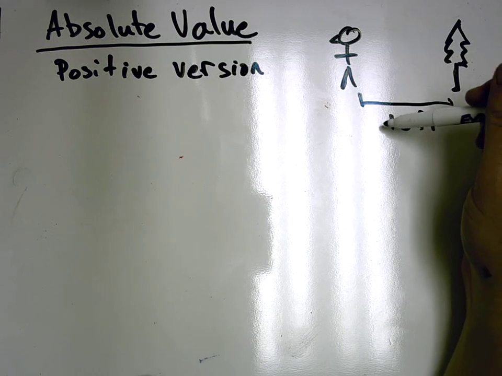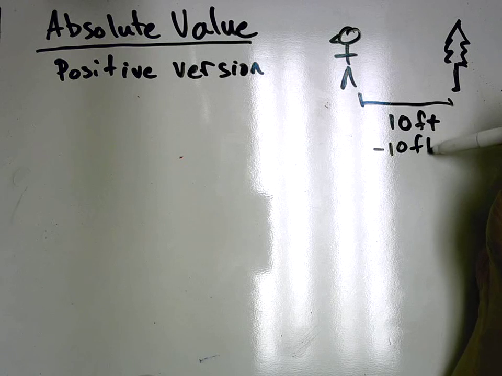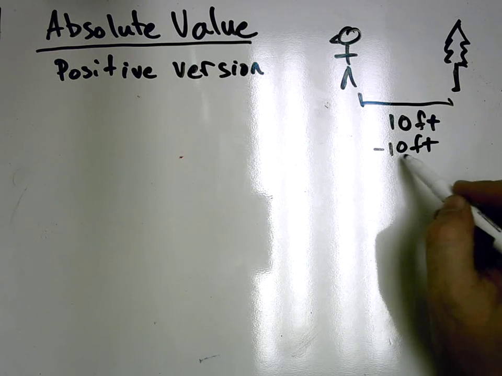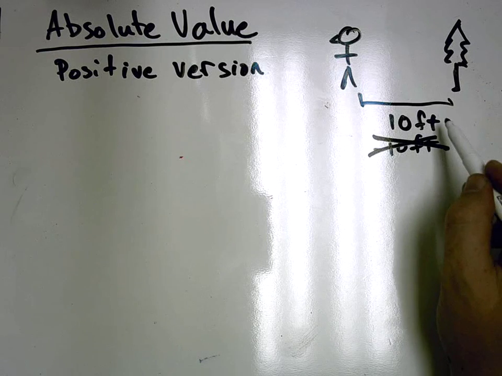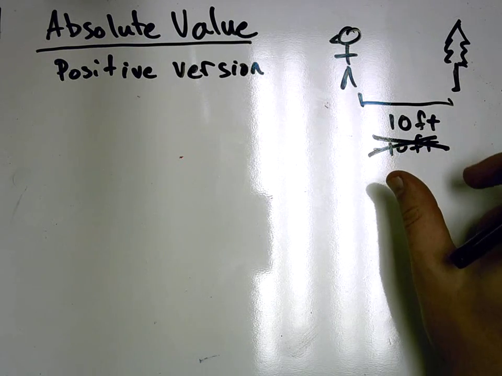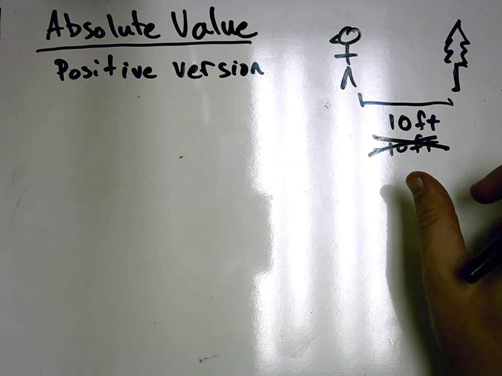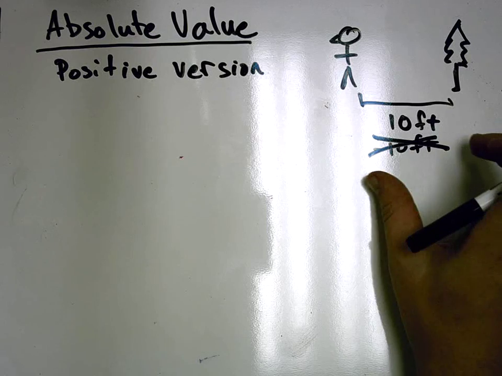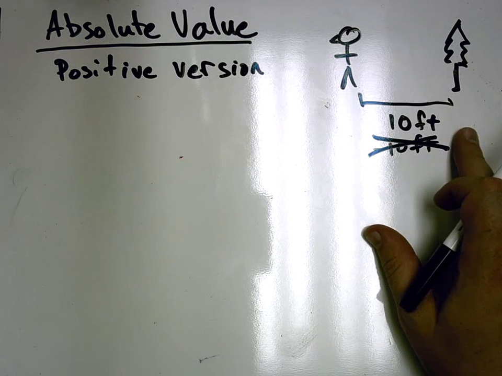I'm never going to write it as negative 10 feet. That makes no sense when you're talking about distance. So when you're talking about something like distance, mainly distance for you guys, the idea is it's the positive version of the number.